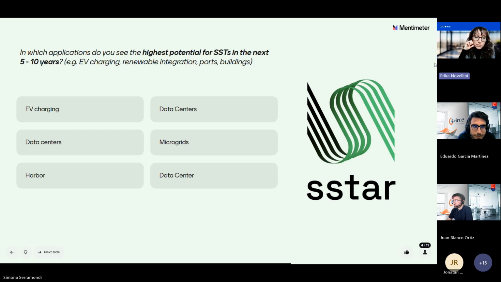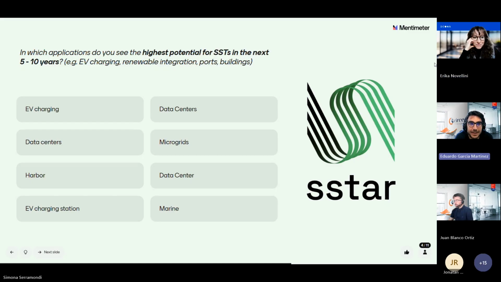Yeah. Data center is a very common application. I don't know if you, Eduardo, want to comment on how. Yeah, the data centers are now, I mean, there is a lot of market there nowadays. There is a lot of movement.